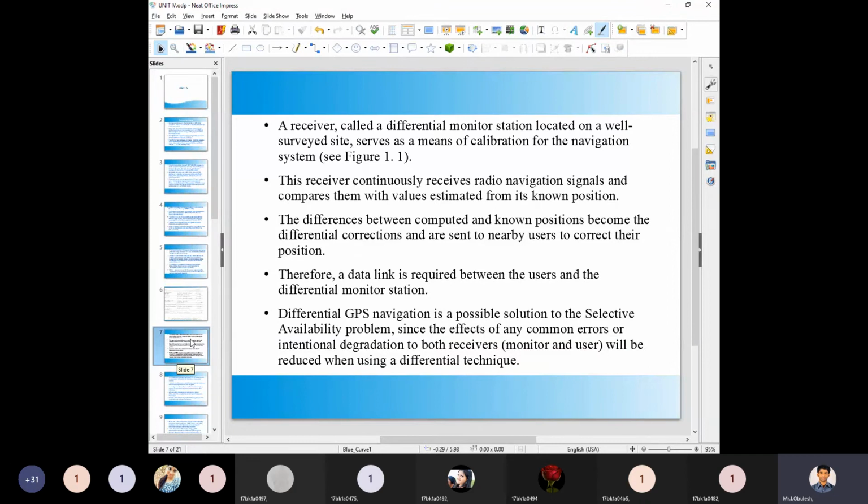If you use a differential technique like differential GPS navigation, you will be able to reduce the intentional degradation to both receivers. This reduces the problem of selective availability.